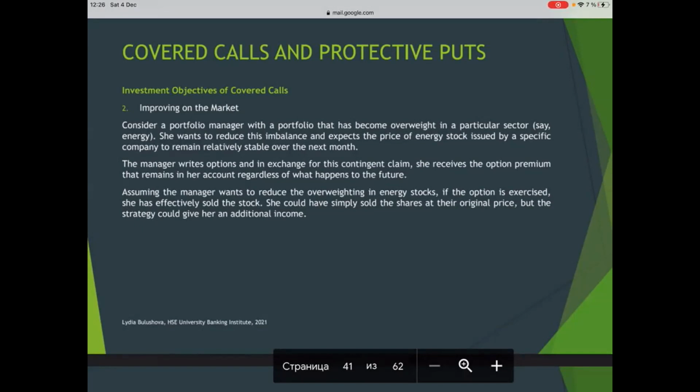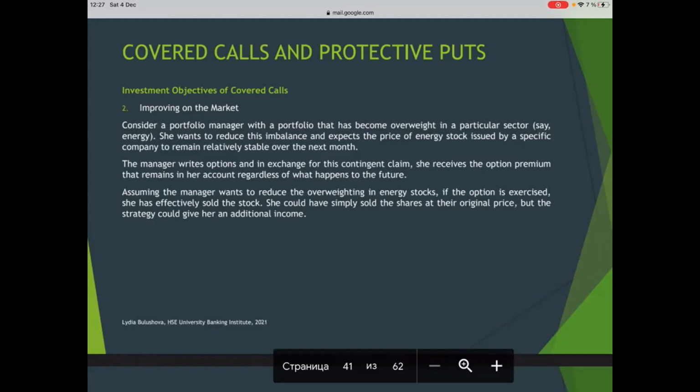I'll just use this forced sale as a means of rebalancing. I would like to sell these assets anyway, because I'd like to reduce my exposure to a certain sector or economy or currency or something. And if these options don't get executed, okay, no problem, I just keep the premiums.